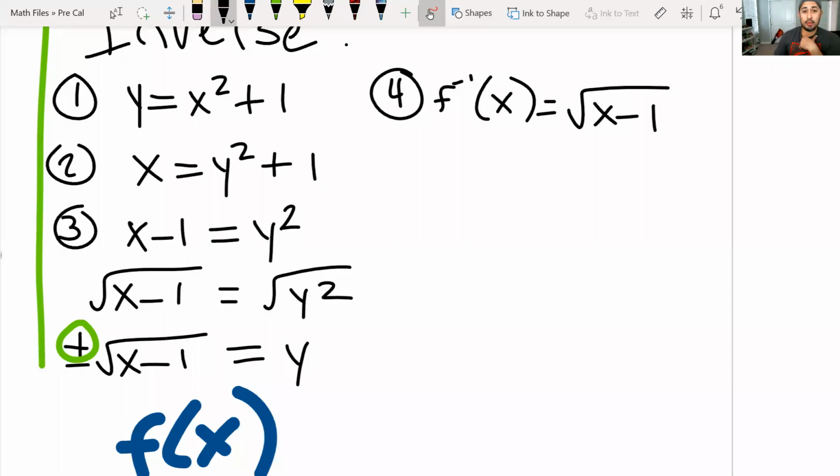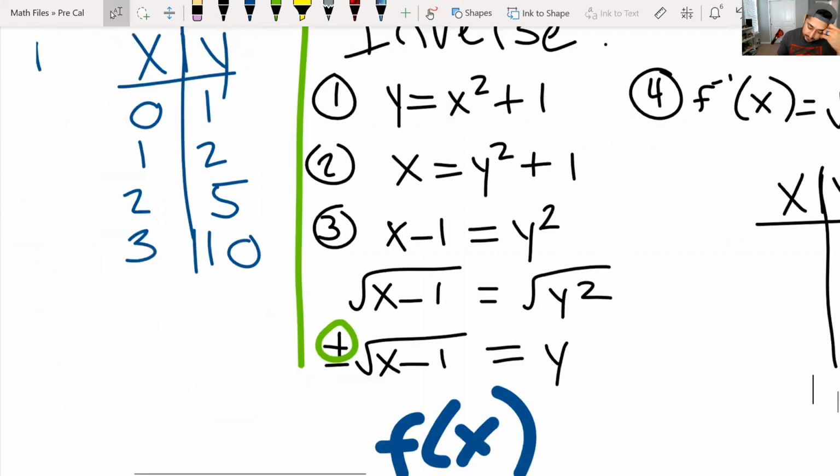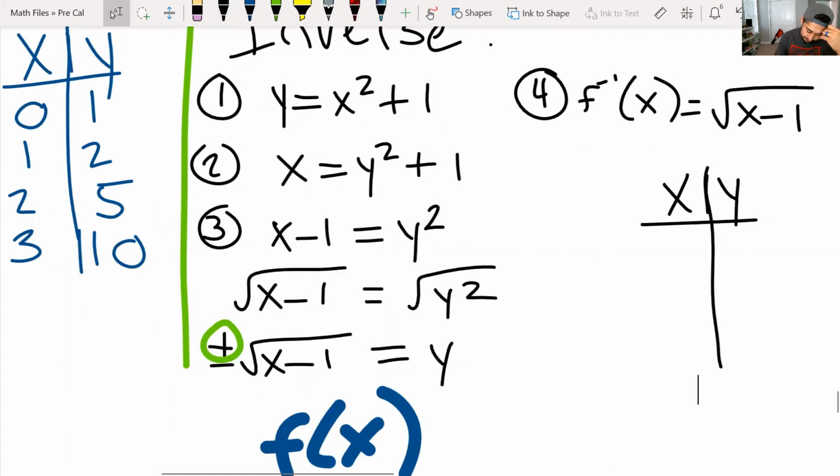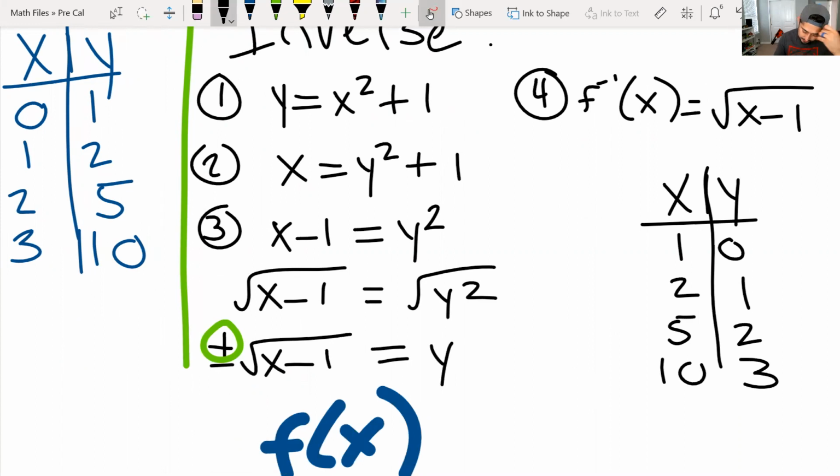Okay. So step 4, state it as the inverse, and let's make the XY chart. Okay, just like the other one, take the points, flip them around. There you go. 1, 0, 2, 1, 5, 2, 10, 3. There we go.